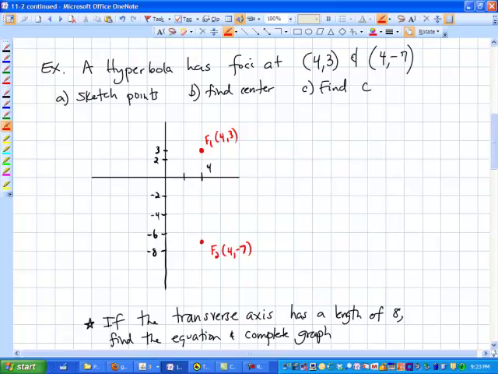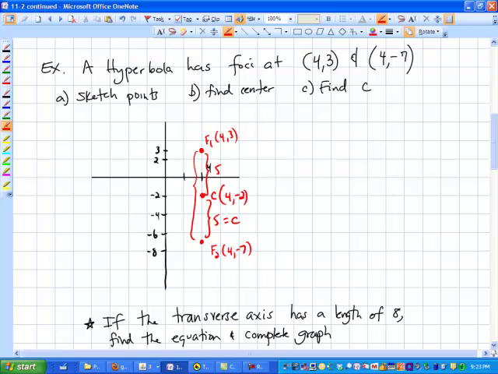So as I consider from positive 3 to negative 7, that's 10. So the distance from the focus to the center must be 5. So the center should be at (4, -2). And you can see that that's 5 units in this direction and 5 units in this direction.